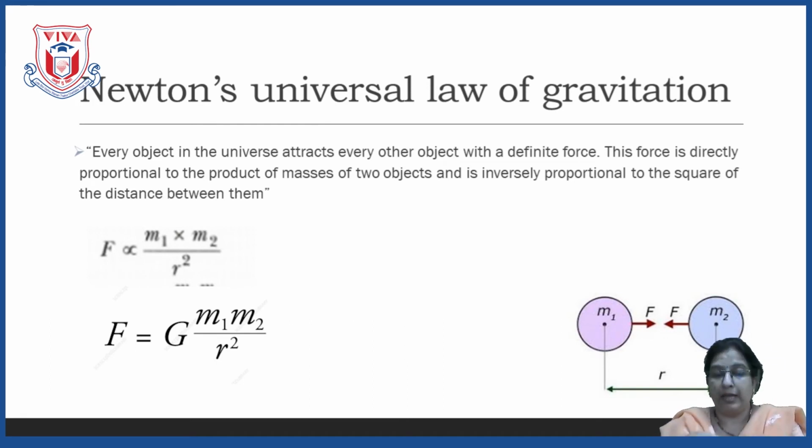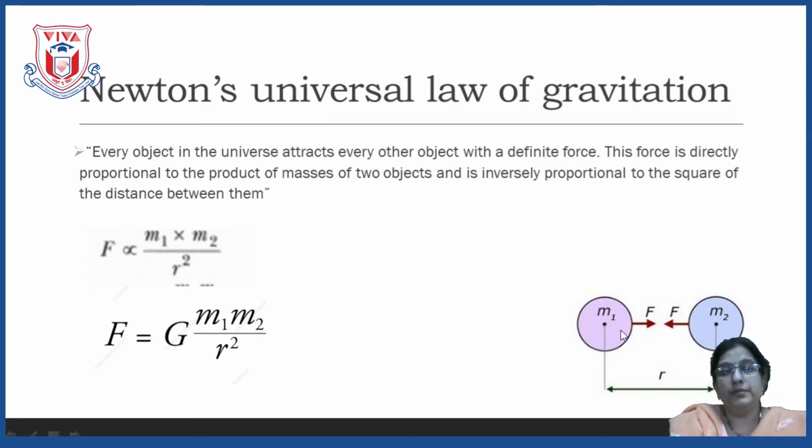But if I take them away from each other, as the distance increases, the magnetic force will go on decreasing. The same concept applies here also. As the distance between the two objects increases, the force in between the two objects goes on decreasing.